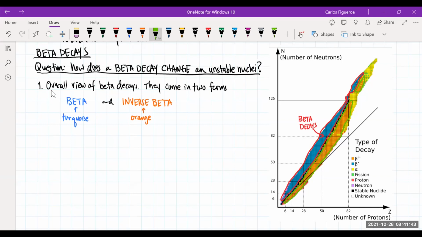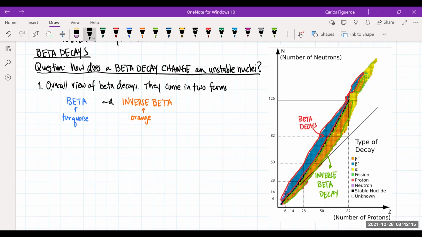This region right here is what we call inverse beta decay. And it's very systematic how it works. It's not something that happens randomly. There are very good reasons why this graph shows what it shows.